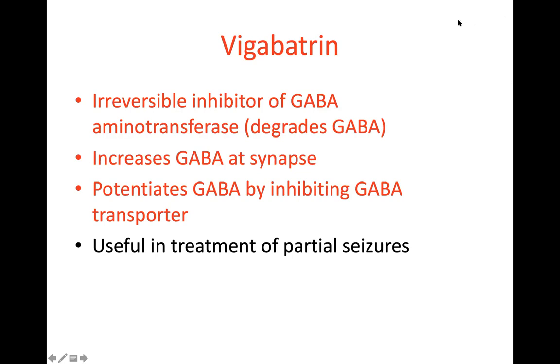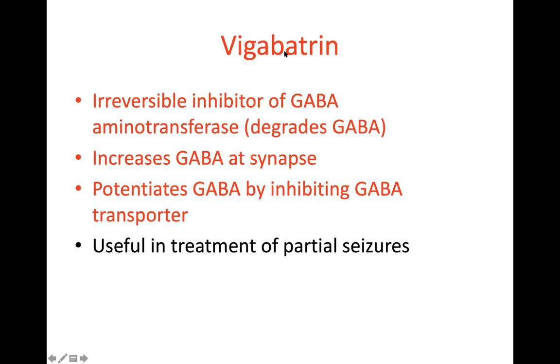All right. So let's move on to some of these drugs that, like I said earlier, are going to interact with GABA. Vigabatrin binds to GABA aminotransferase, and it's an irreversible binder.